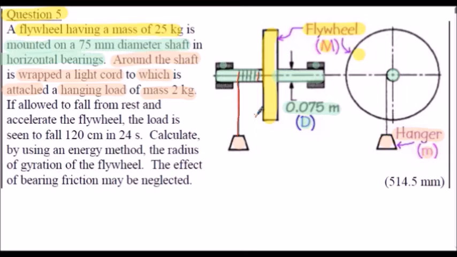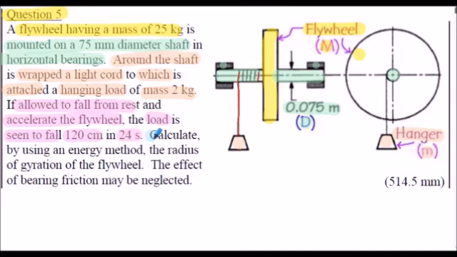In practice, the cord is probably a piece of string. So if the load is allowed to fall from rest, as it unwinds from the shaft, it will begin to accelerate the flywheel. And in unwinding, the load is seen to fall 120 centimeters in 24 seconds.